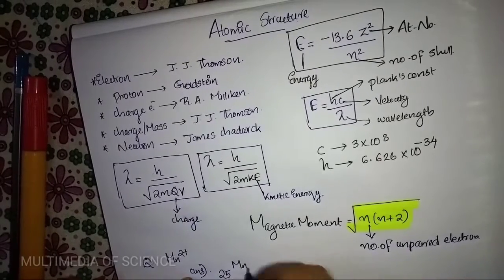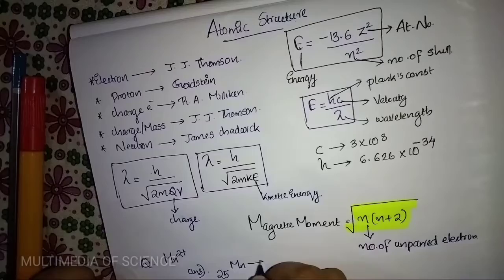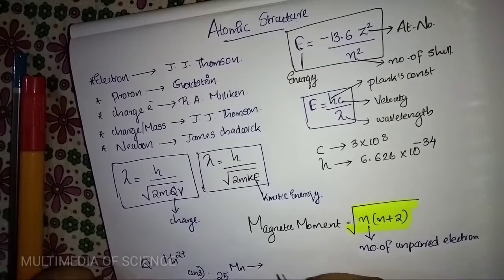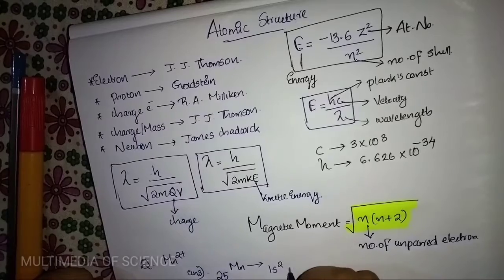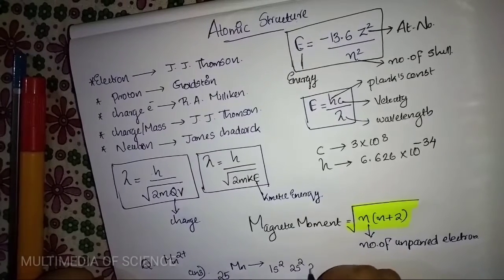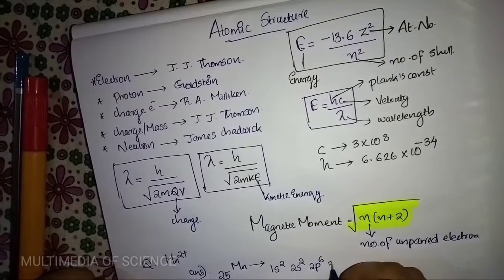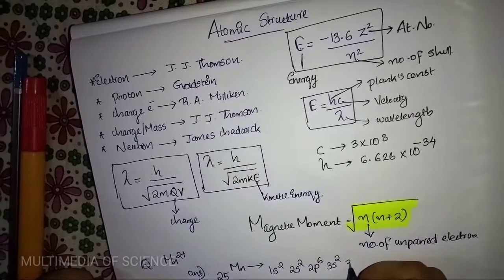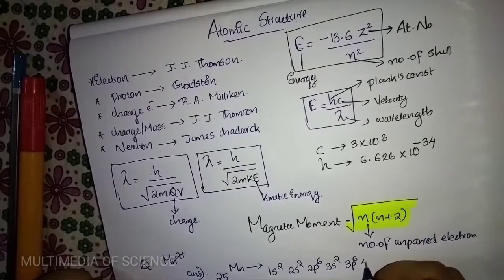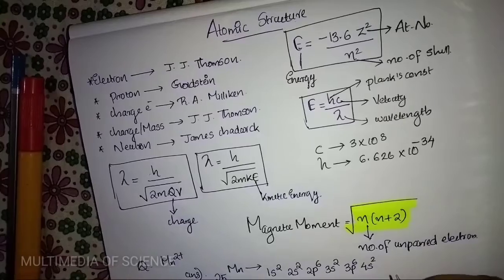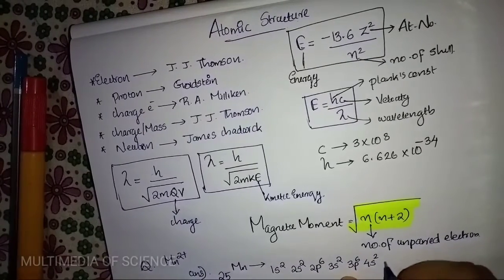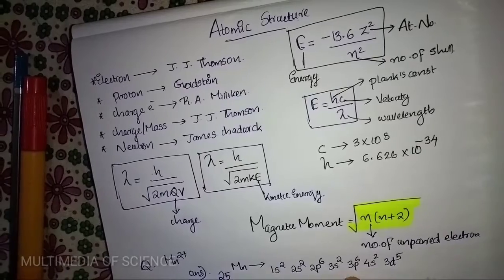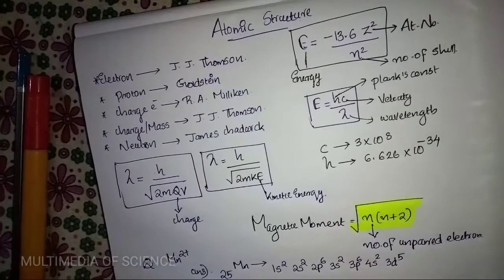So the configuration is 1s2, 2s2, 2p6, 3s2, 3p6, 4s2. So 10, 10, 20, then 5, so 3d5. Clear?